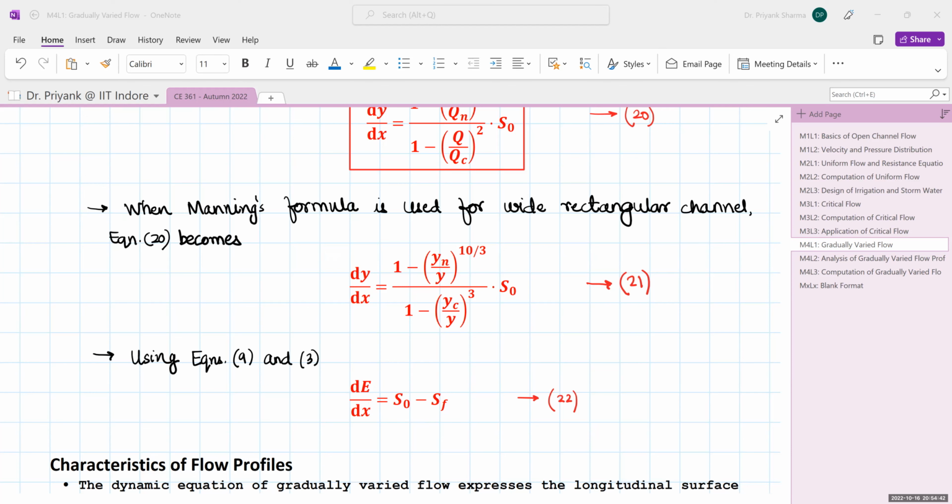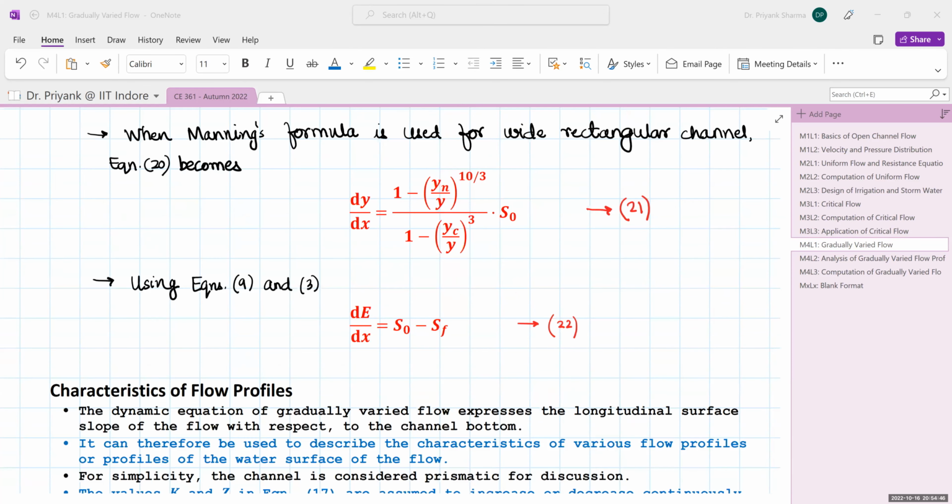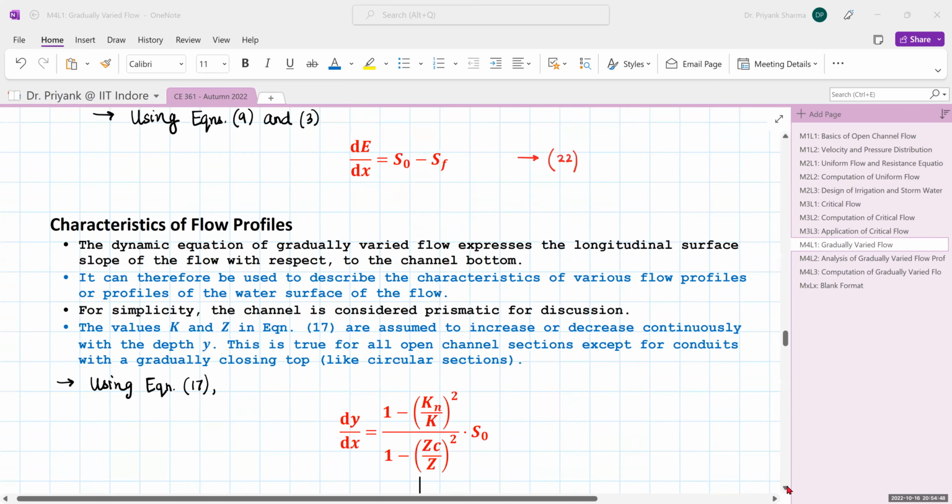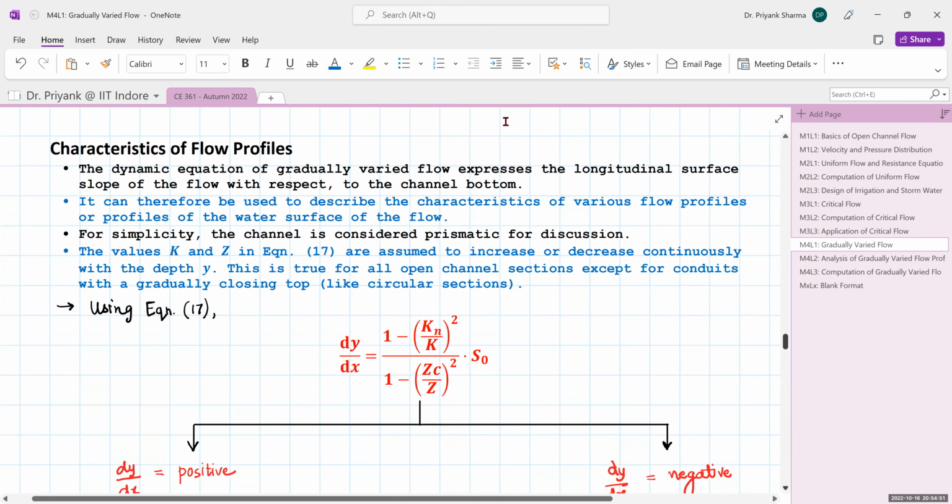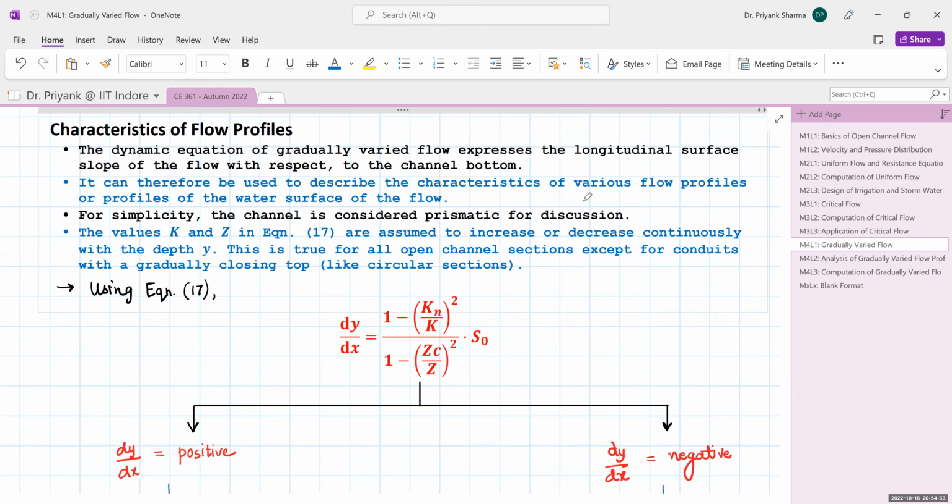Now let us understand the characteristics of flow profiles. What are flow profiles and how they are characterized, that we will see. The dynamic equation of GVF expresses the longitudinal surface slope of the flow with respect to the channel bottom. So it considers the surface slope and the channel bottom, and that way it relates each other.